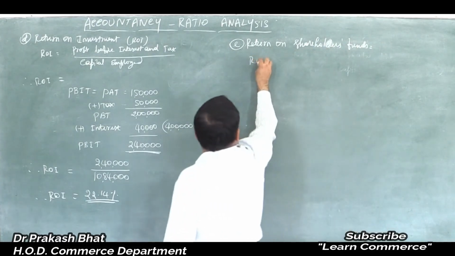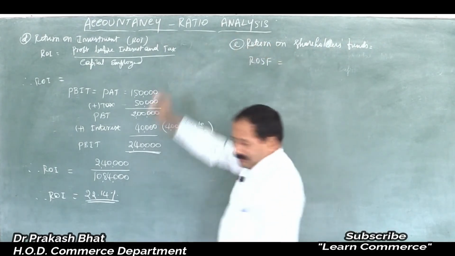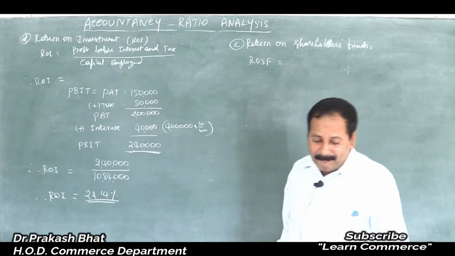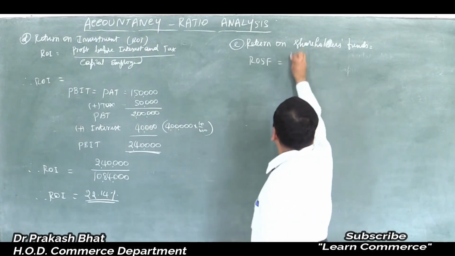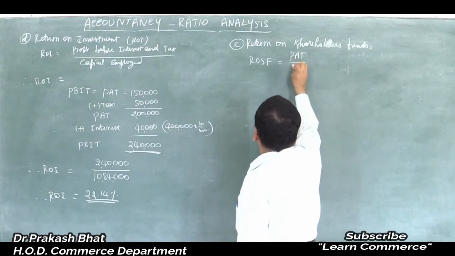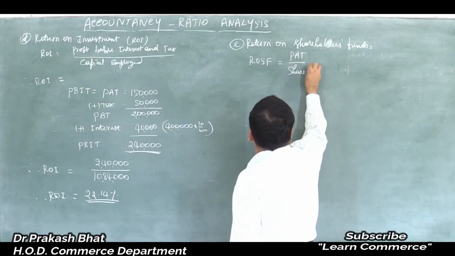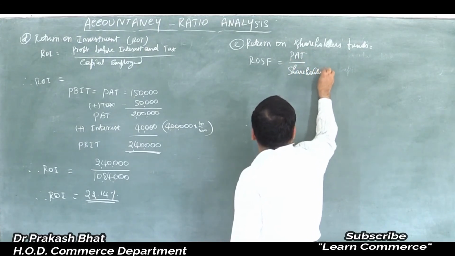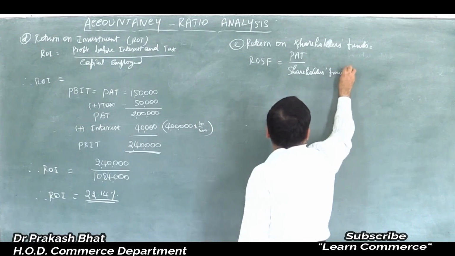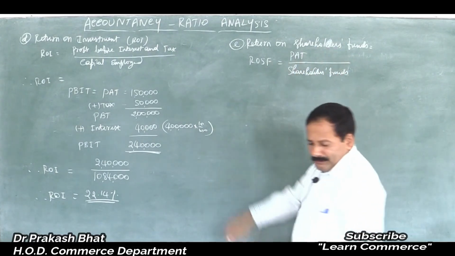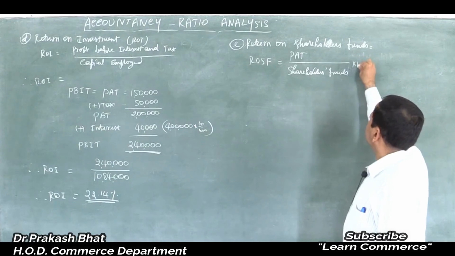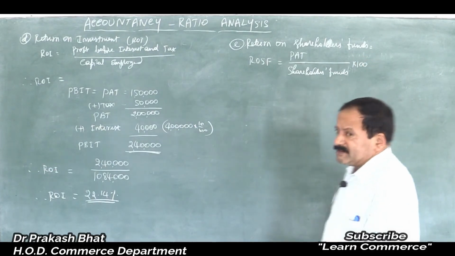Write the formula: return on shareholders funds is equal to PAT divided by shareholders funds into 100. PAT means profit after tax.